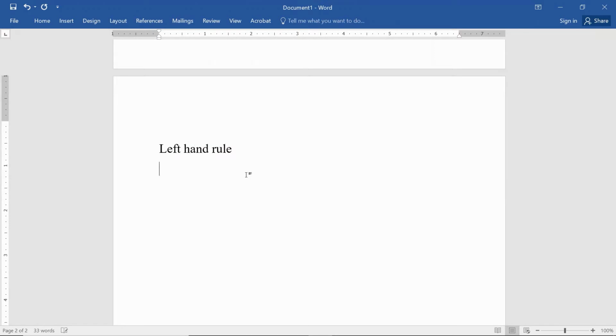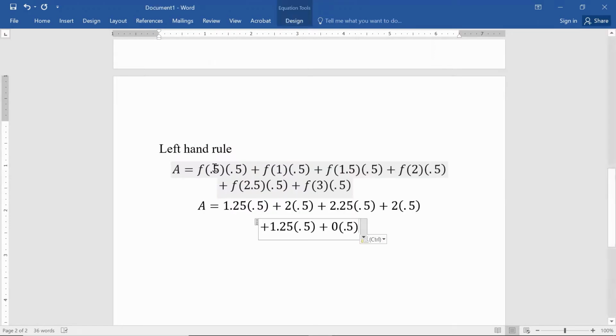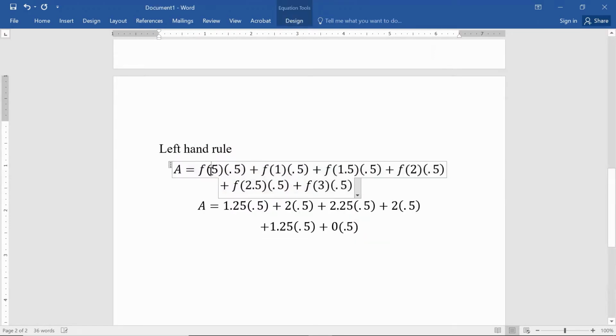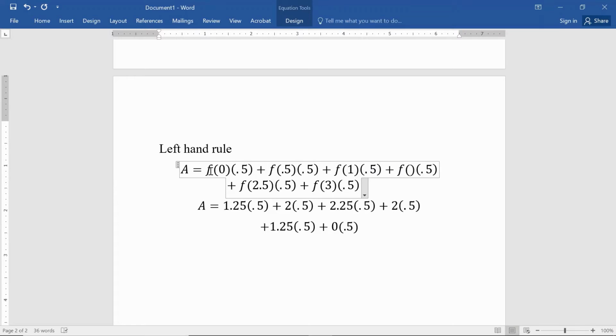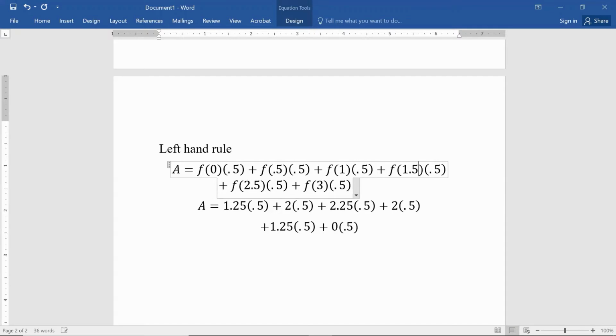Some people will call this the left side rule. F of 0 times the length of the first subinterval. F of 0.5 times the length of the second subinterval. F of 1 times the width of the third subinterval. F of 1.5 times the width of the fourth subinterval.